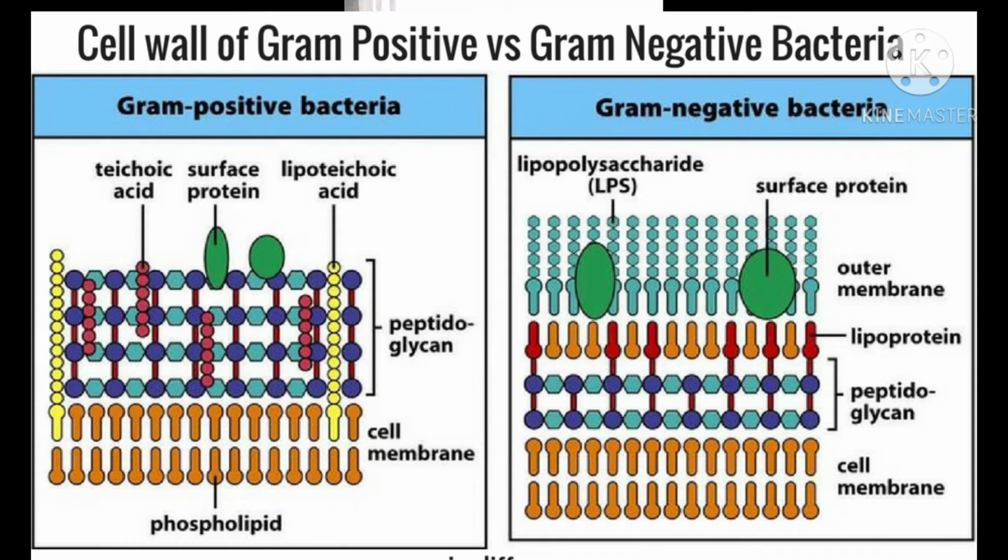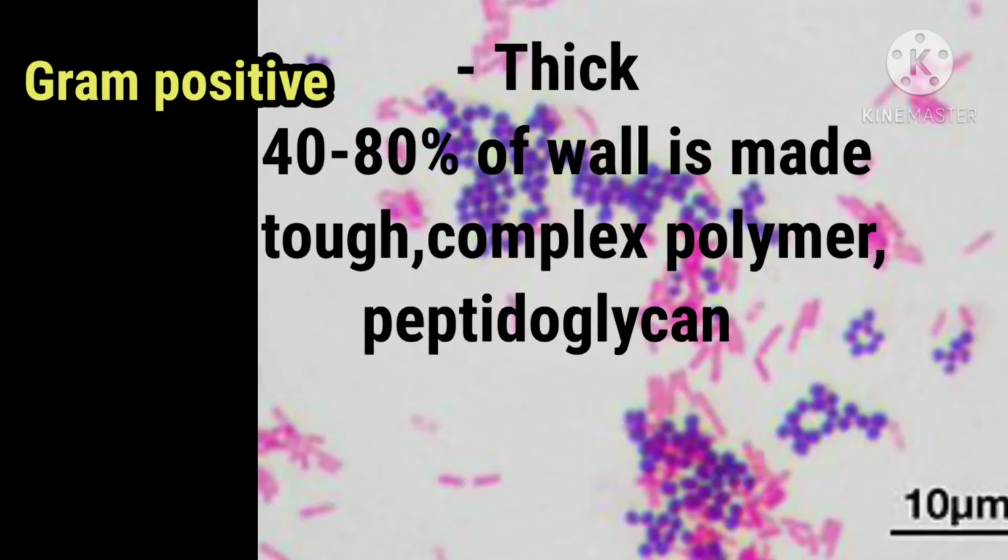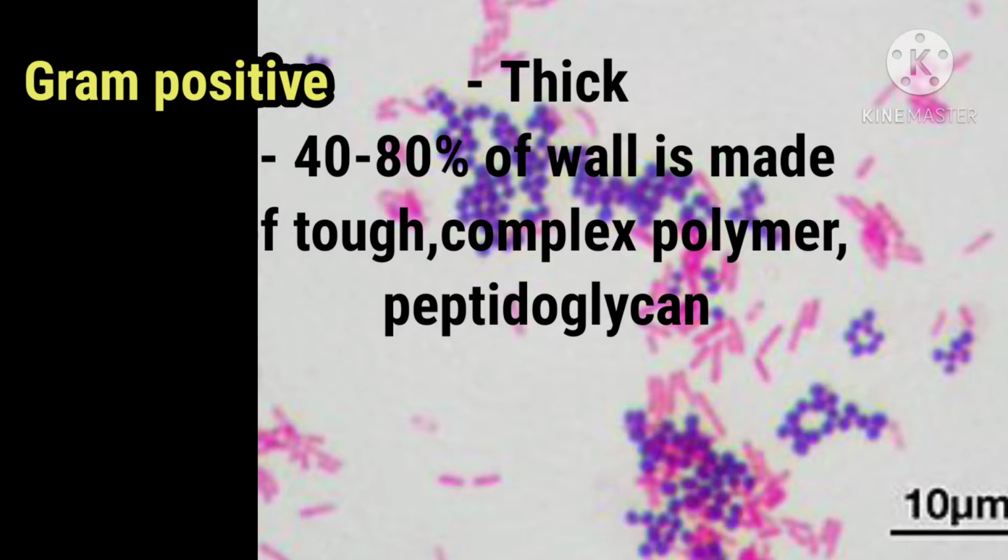We have heard about gram-positive and gram-negative bacteria. Bacteria have different types of cell walls. Gram-negative and gram-positive differ in this wall. The gram-positive type wall is very thick and generally has a simple uniform appearance under the electron microscope.